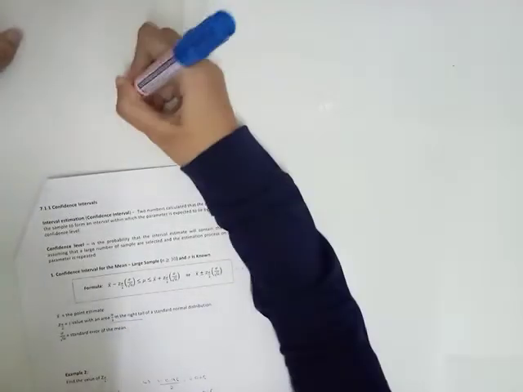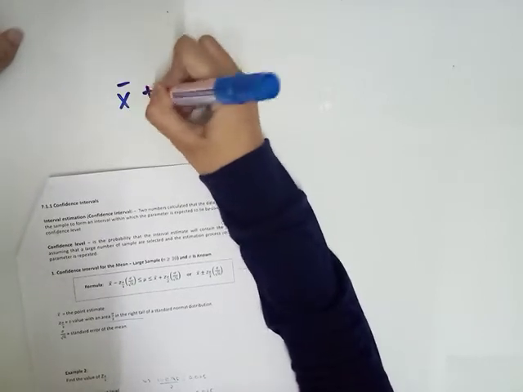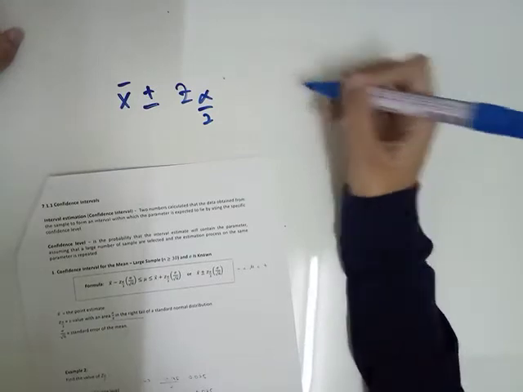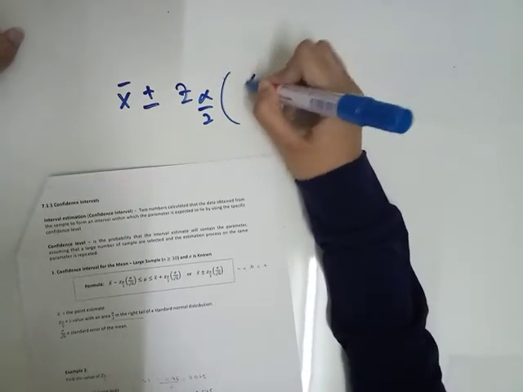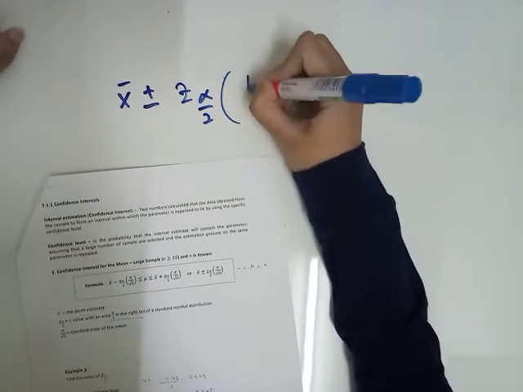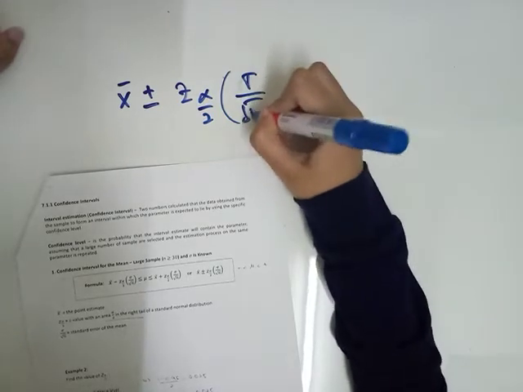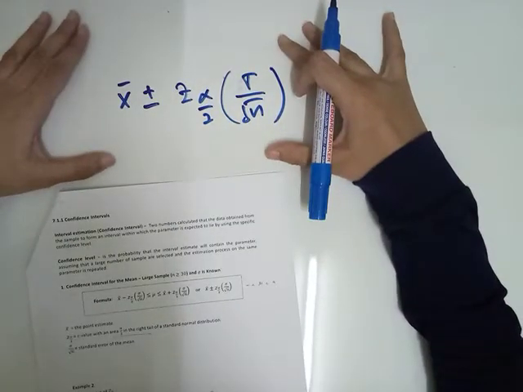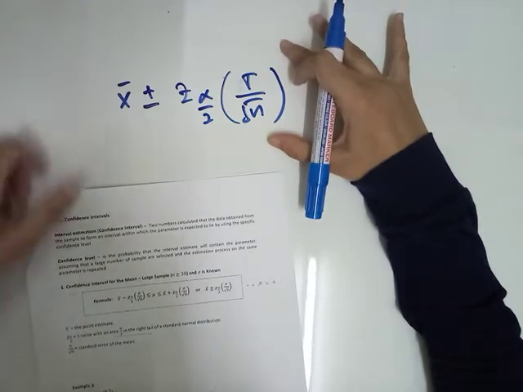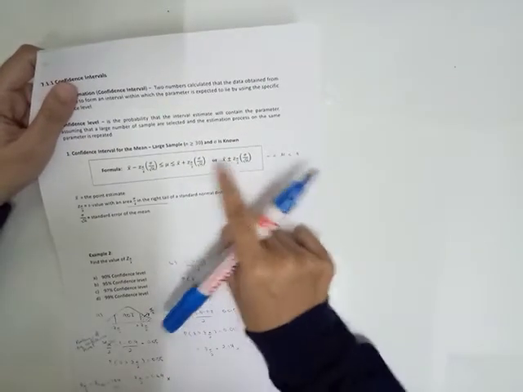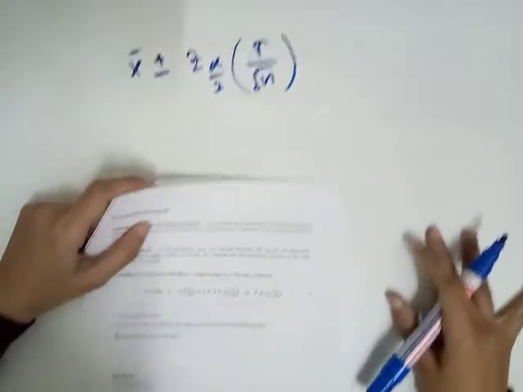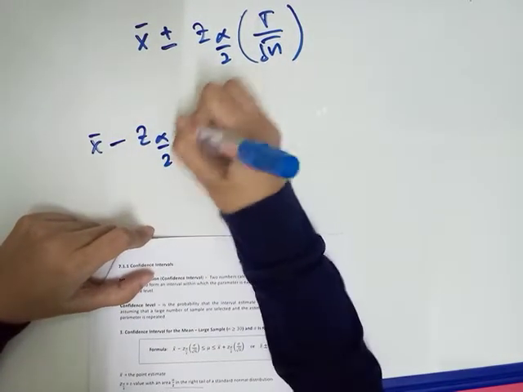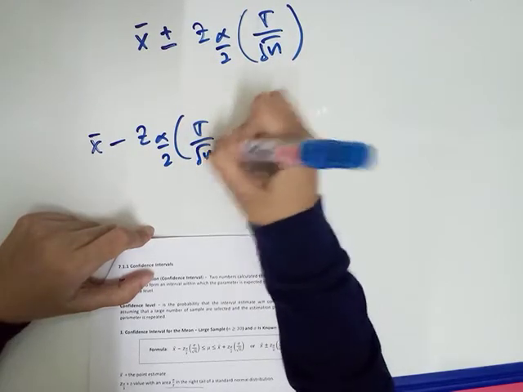The formula is x bar plus minus z alpha over 2 times standard deviation divided by square root n. This is the shortcut way. Actually the formula is the same: x bar minus z alpha over 2 times standard deviation divided by square root n.